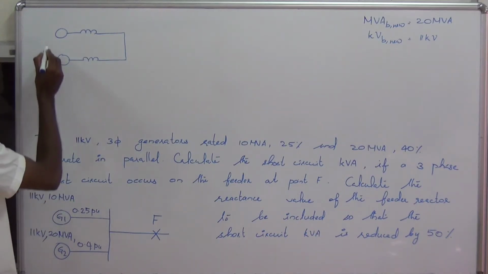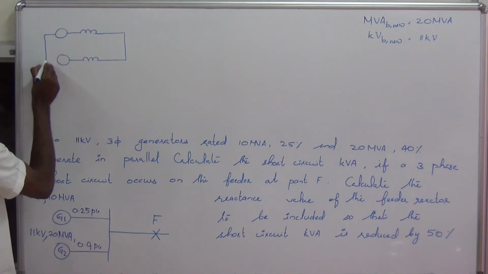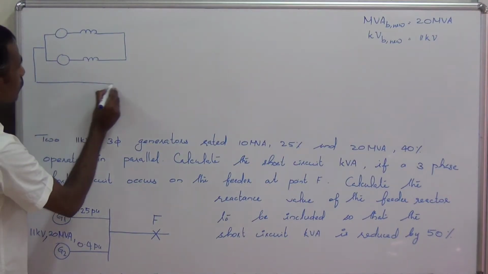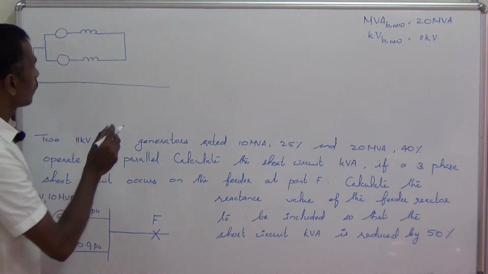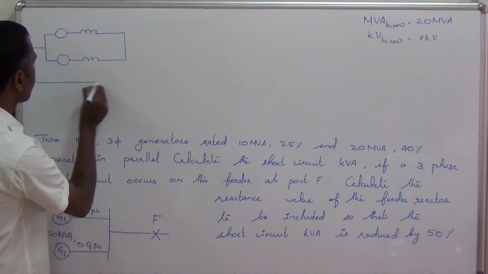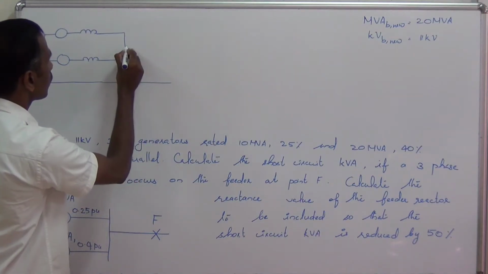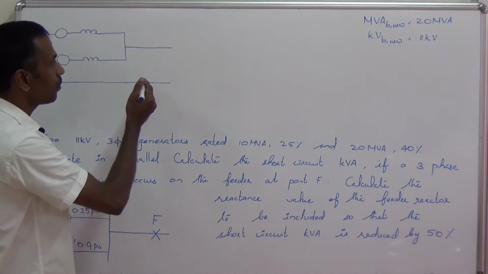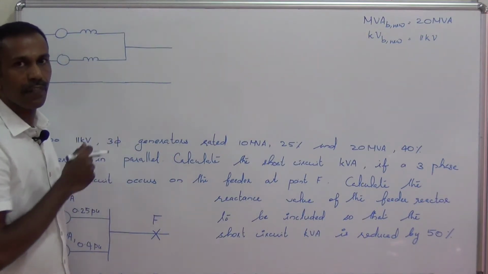These two generators are operating in parallel. Now this is our feeder. The feeder reactance is not given in the problem, so we can neglect the feeder reactance.